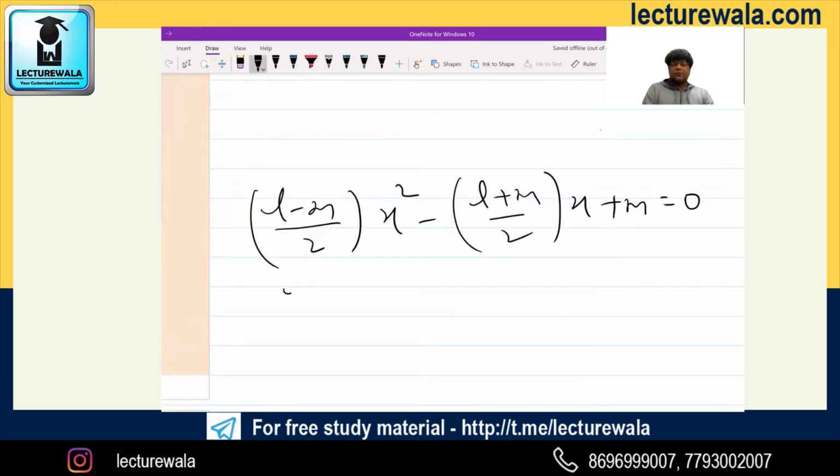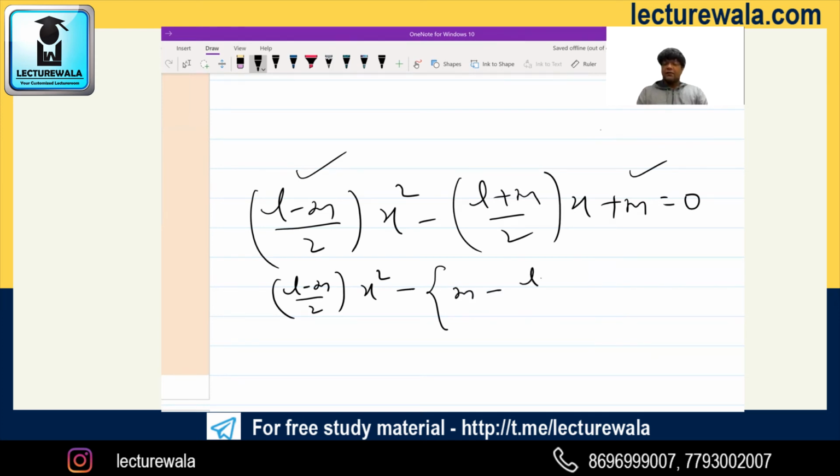(L minus M)/2 x square minus this (L plus M)/2, I can write with the help of this and this. You will have to use a little thinking power. I will write here M minus (L minus M)/2 in place of this.